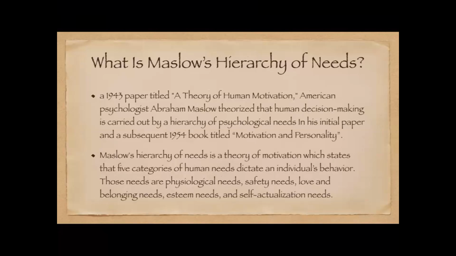Now I'm going to explain Maslow's hierarchy of needs. In 1943, a paper titled Theory of Human Motivation by the American psychologist Abraham Maslow theorized that the process of decision making by any human is carried out by their psychological needs.